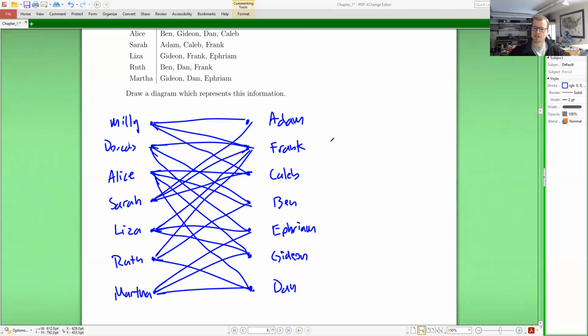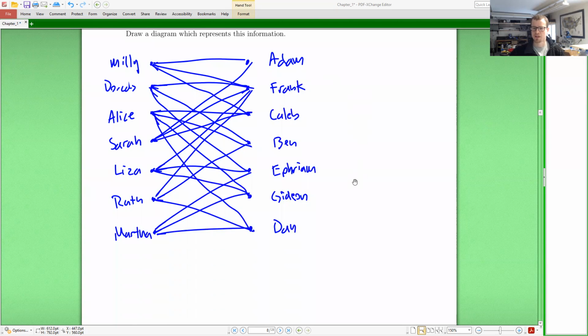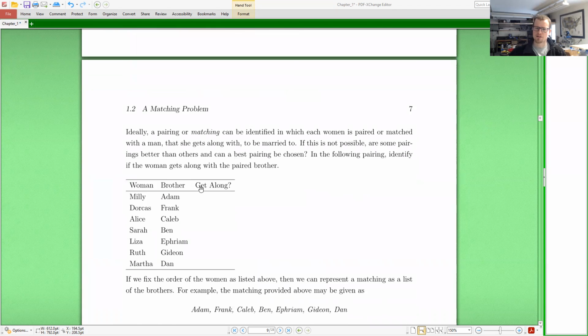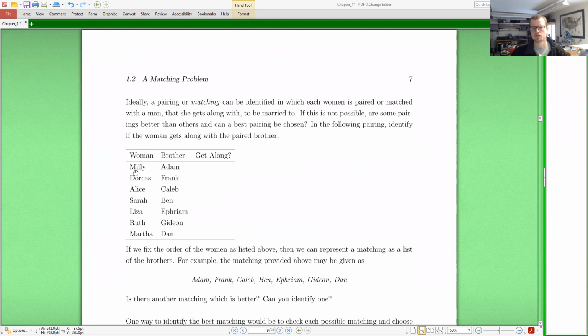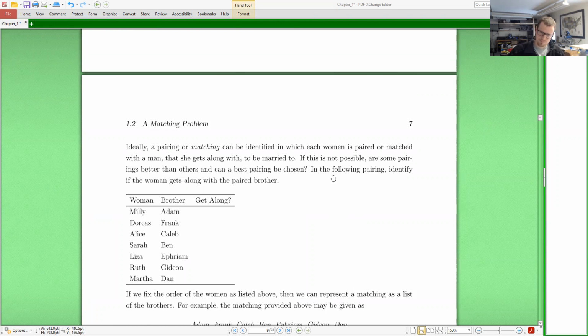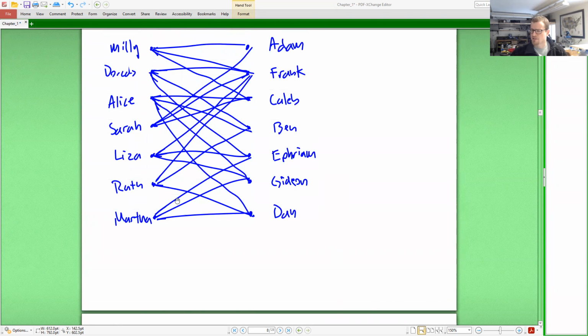So this is the nice visual representation that we created from our list. And we want to take a look at this pairing. So if we pair Millie with Adam, Dorcas with Frank, Alice with Caleb, Sarah with Ben, Liz with Ephraim, Ruth with Gideon, and Martha with Dan, we want to decide if this is a good pairing or not. So this is, again, this visual representation.